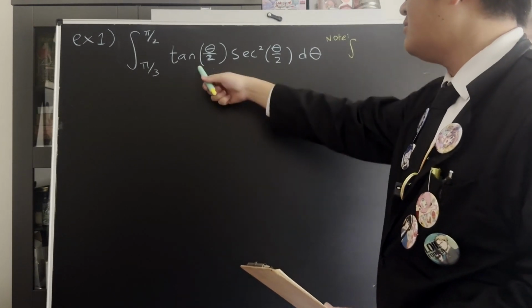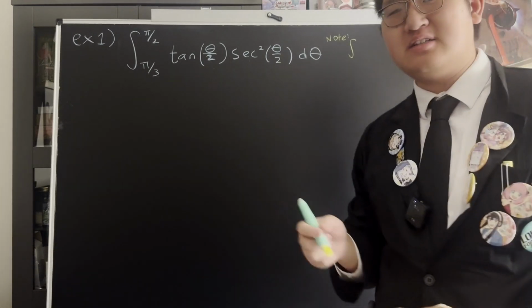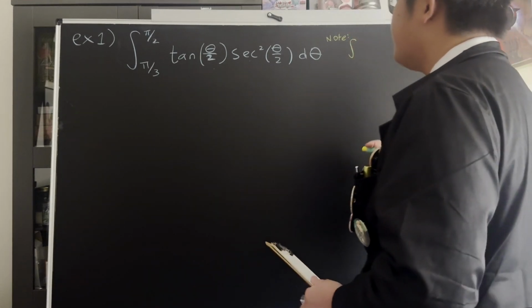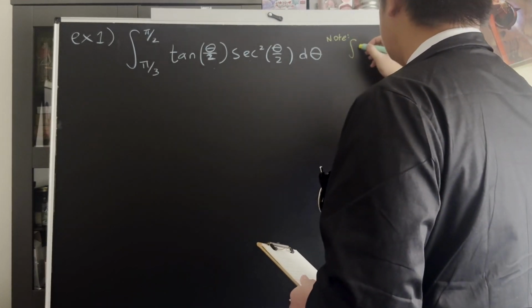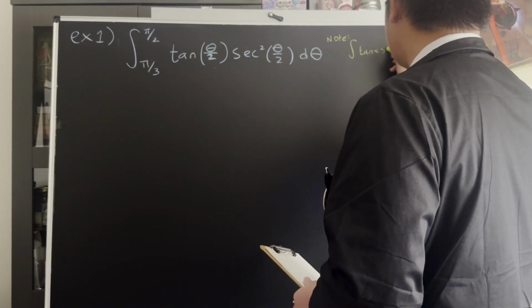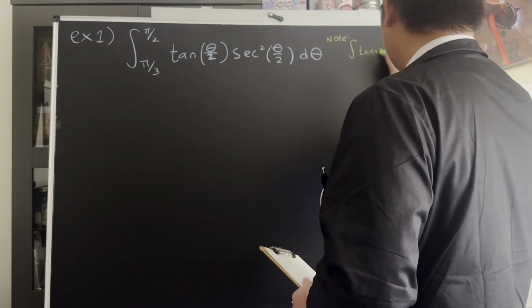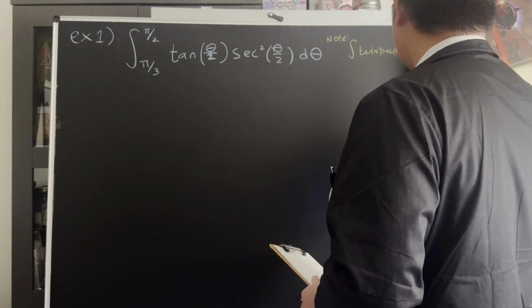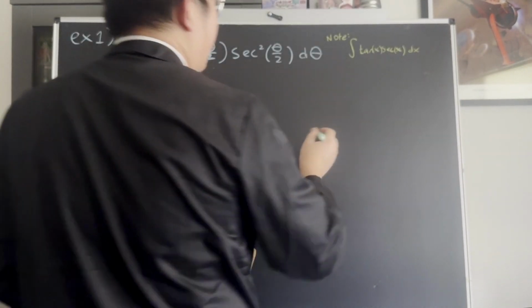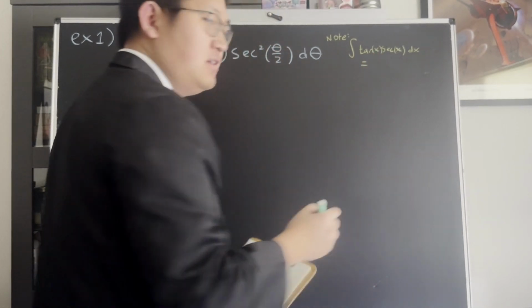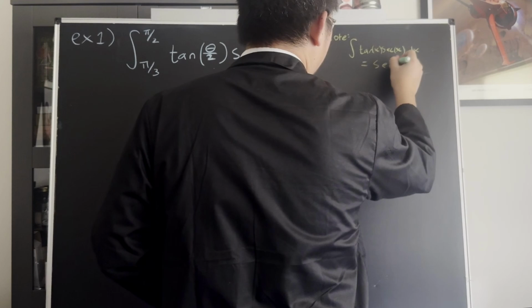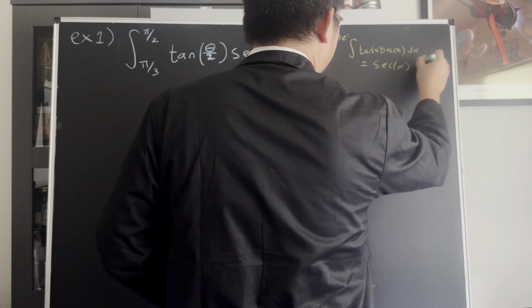Getting from tangent times secant is quite easy: the integral of tangent of x times secant of x dx results in secant of x plus c.